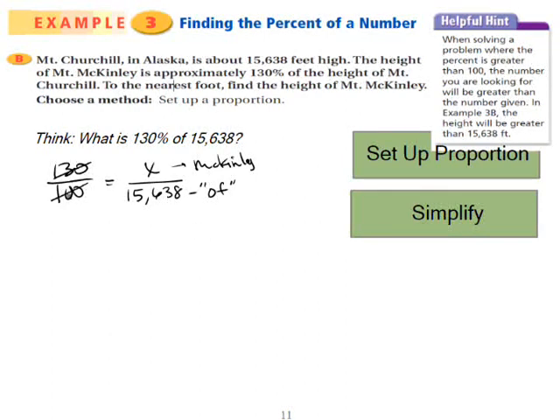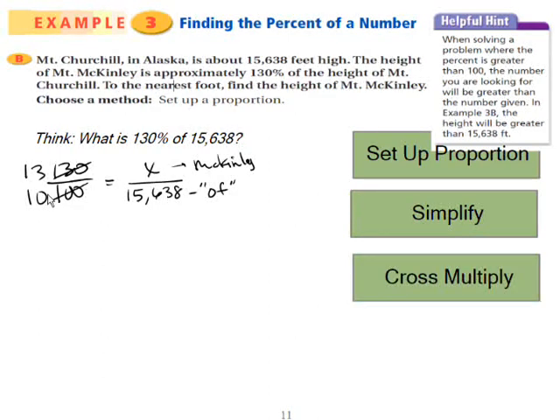Next, it will be helpful to simplify the fraction, reducing it to 13 over 10 instead of 130 over 100. Then cross multiply. And you might need to do this to figure out what 15,638 times 13 is, so check my work against yours.